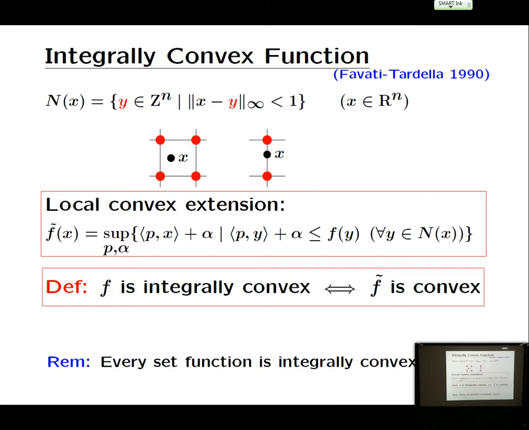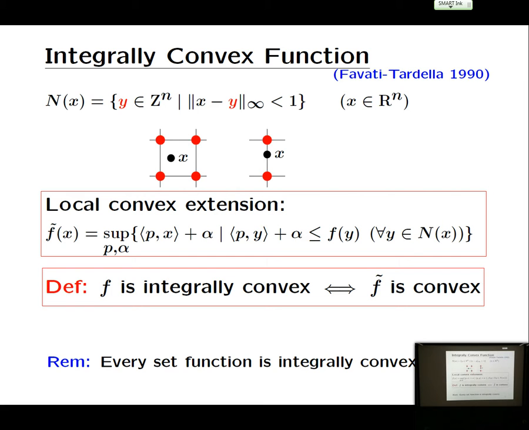And local convex extension of a function f is given on the integer vertices, and we want to define convex extension. So in each unit cube, we can consider a convex extension. Remember that every function on a unit cube can be extended to a convex function.